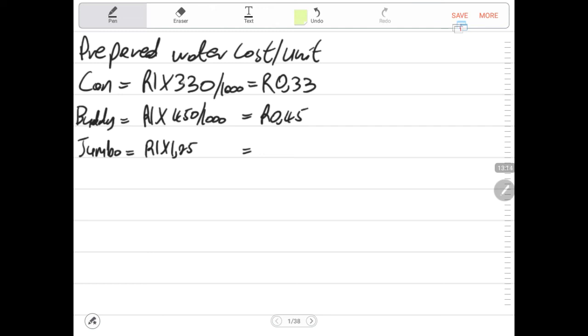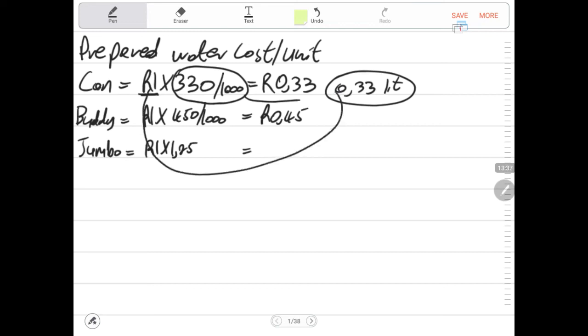That is why we are converting that 330 by dividing it by 1000 so that it is equivalent to liters. 330 is milliliters and the R1 is per liter. So when you say 330 divided by 1000, we are converting this to become 0.33 liters. Now when this is in liters, we can multiply it by R1 per liter.